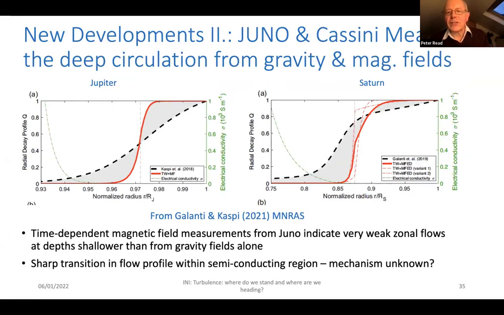So there are still aspects of the vertical structure of the zonal flows, deduced essentially from magnetic and gravity field measurements, that are yet to be explained, and must presumably also have a strong bearing on what the circulation is doing at these sorts of depths.